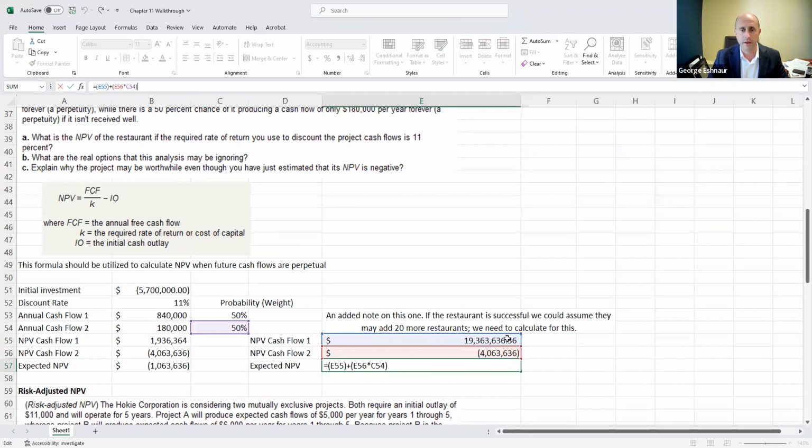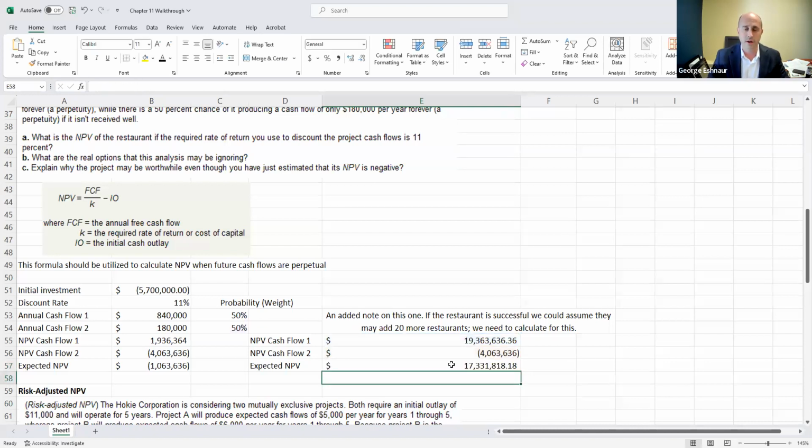We don't have to do it again. And then we have to multiply our loss by half yet again, because we're just not going to stay there. And we would see that our expected net present value now, if we're successful, is $17 million, give or take. That is a dramatically different story than here.